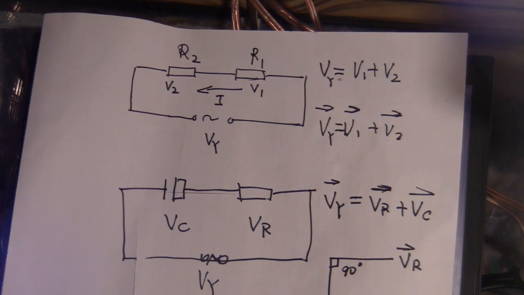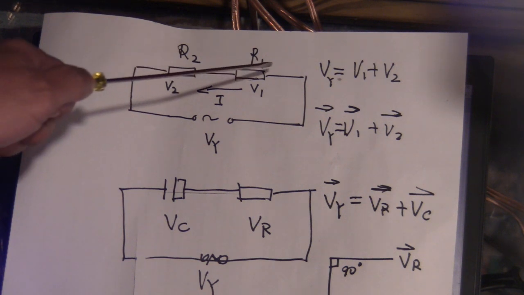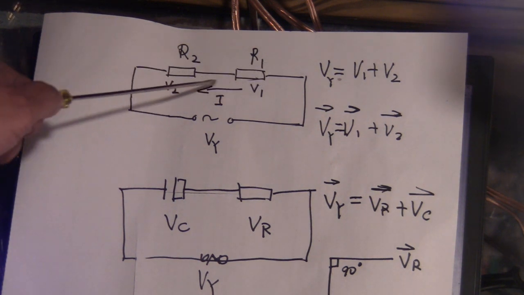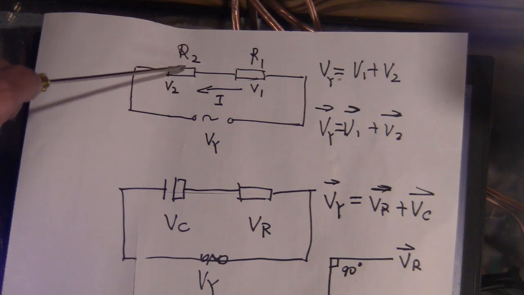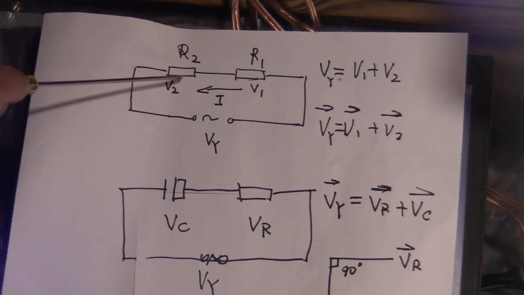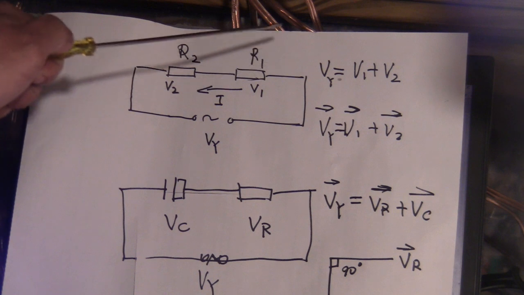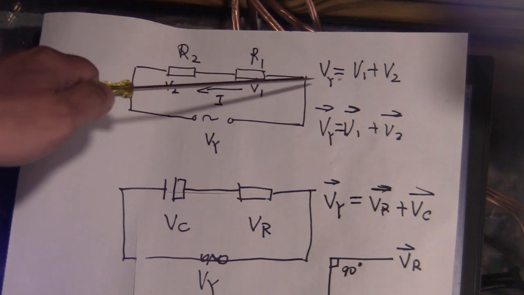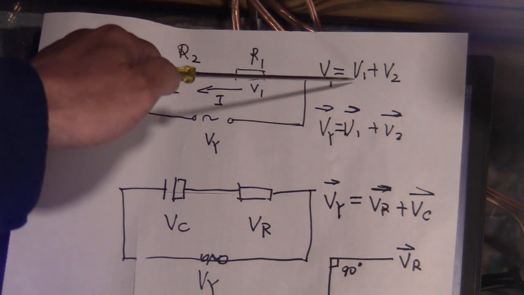Let's go back to the pure resistor. In this pure resistor series circuit, current flows through. If we only calculate the value, we're going to have Vy equal V1 plus V2.